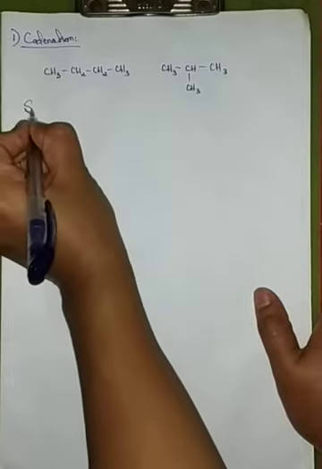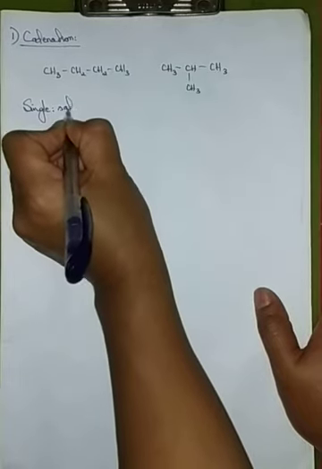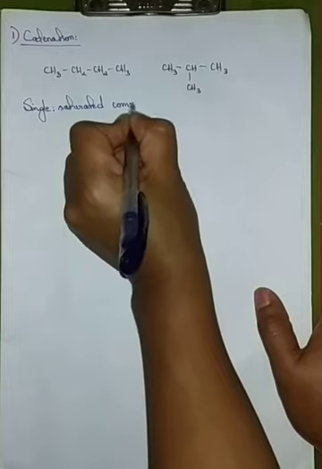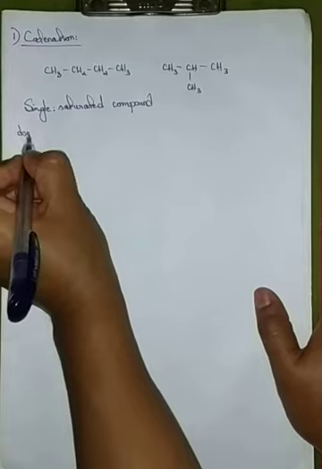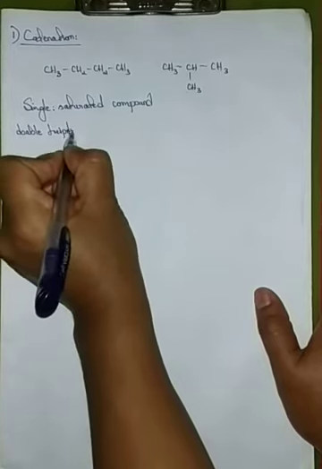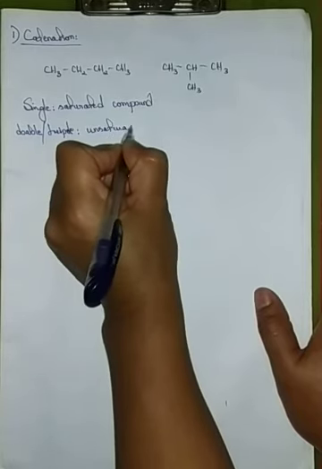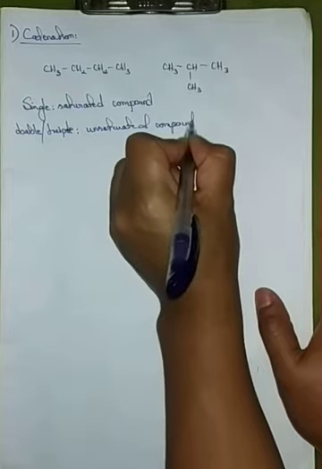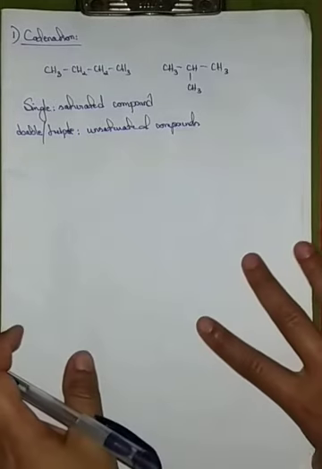When carbon forms single bonds, they are known as saturated compounds, and if it forms double or triple bonds, they are known as unsaturated compounds. I will be explaining saturated and unsaturated compounds in later videos.